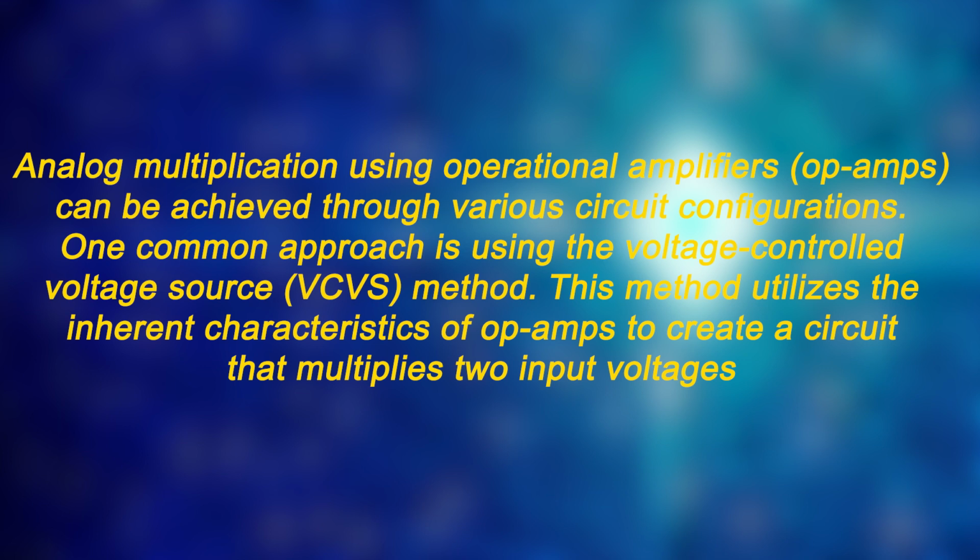One common approach is using the voltage controlled voltage source method. This method utilizes the inherent characteristics of the op amp to create a circuit that multiplies two input voltages. Let us explore the working of an analog multiplication circuit using op amp in detail.